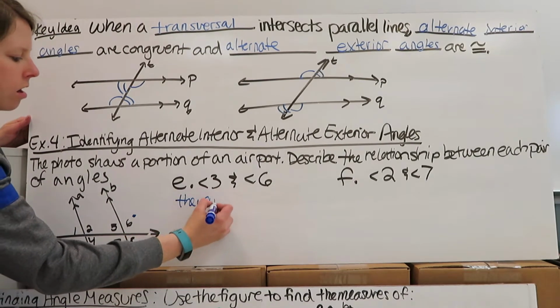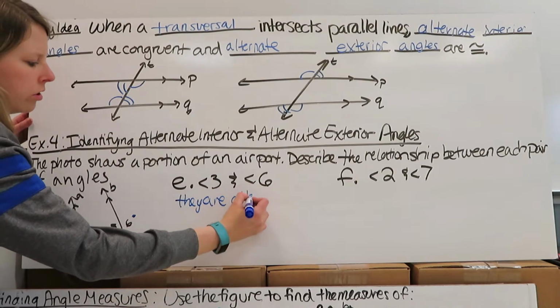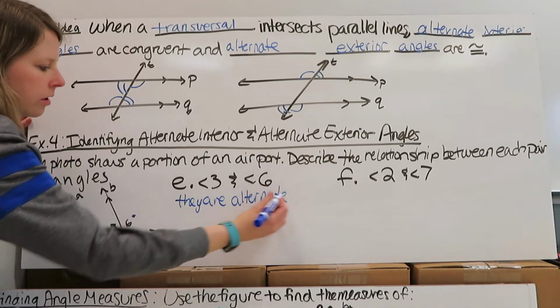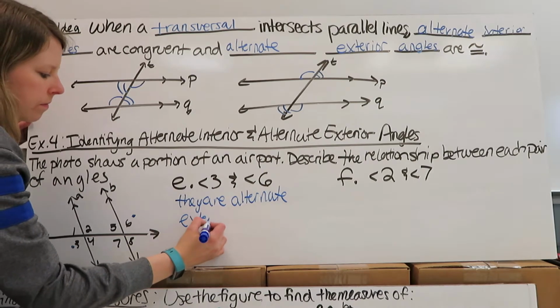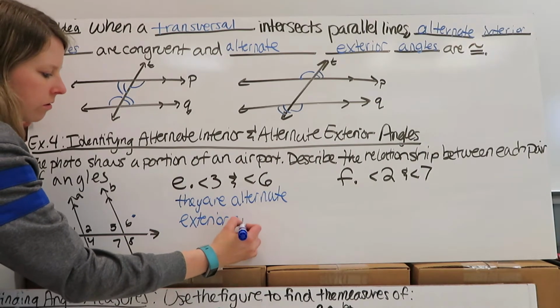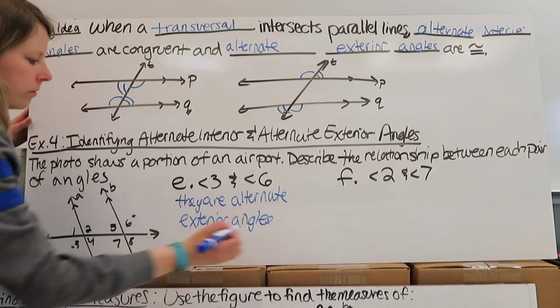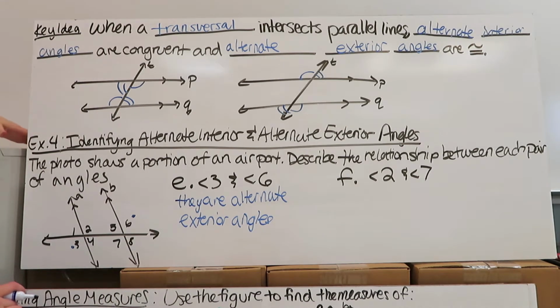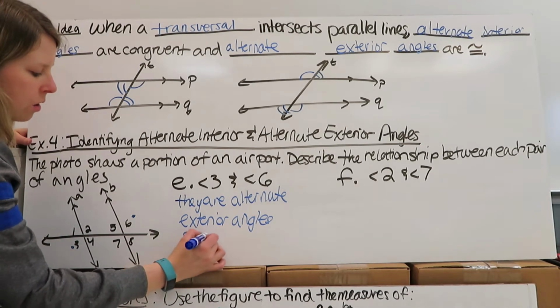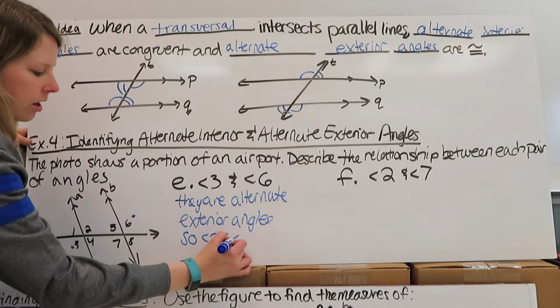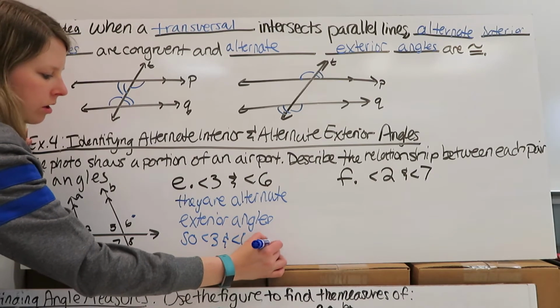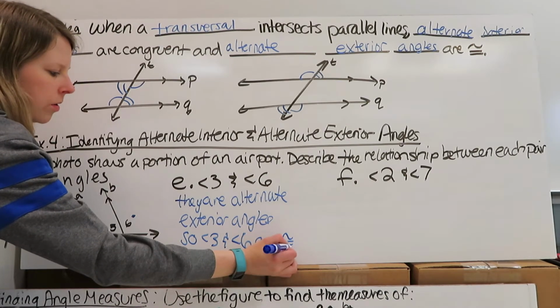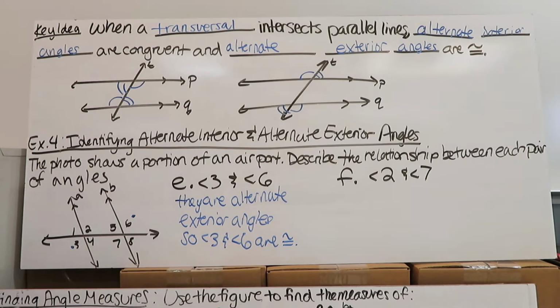They are alternate exterior angles. So angle 3 and angle 6 are congruent. All right, we're gonna move on to letter F, angle 2 and angle 7.